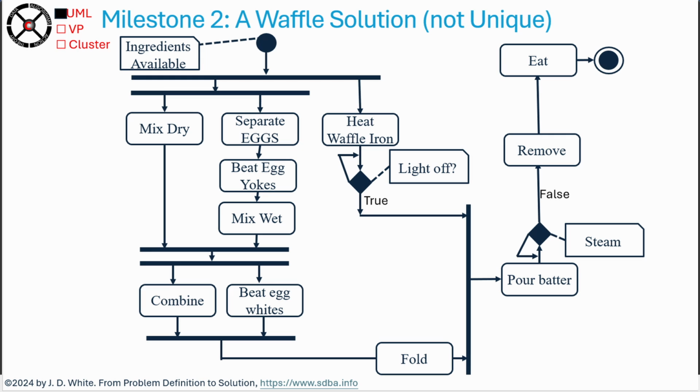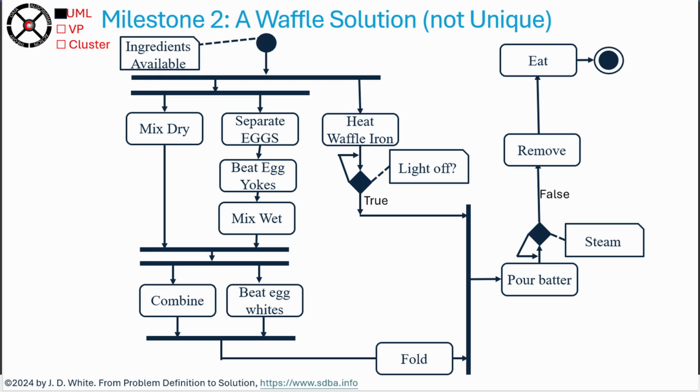Okay, and after that we want to check when the steam stops coming out, then remove and eat. So I'm going to have a decision box, and probably I'll put a comment. Steam. And if there's steam, what am I going to do? If there's no steam, what?